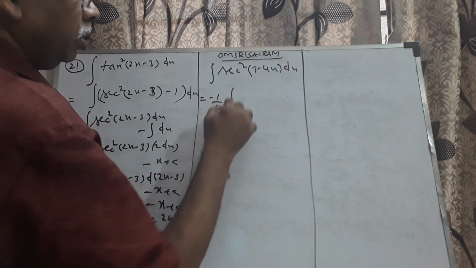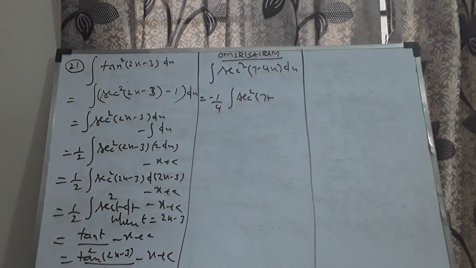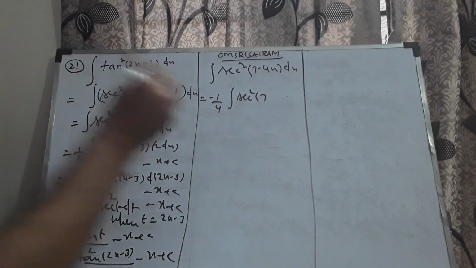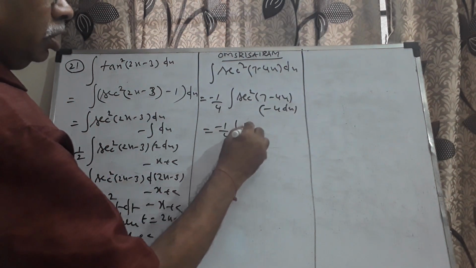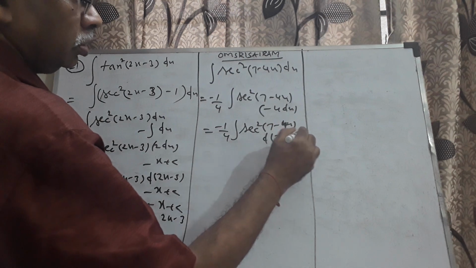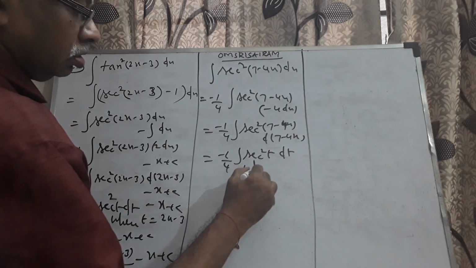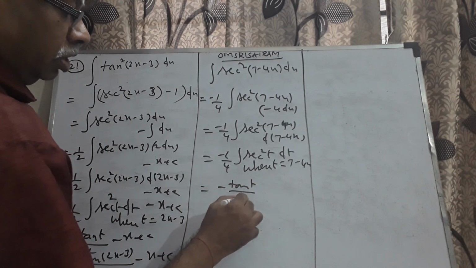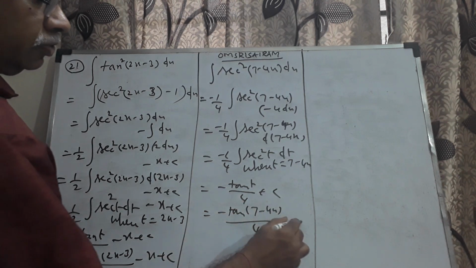Just multiply and divide by minus 4: secant square of 7 minus 4x into minus 4 dx can be written as minus 1 by 4 secant square of 7 minus 4x d of 7 minus 4x, which will be minus 1 by 4 integral secant square t dt, where my t is 7 minus 4x, which is minus tan t by 4 plus c, which is minus tan of 7 minus 4x by 4 plus c, the final answer.